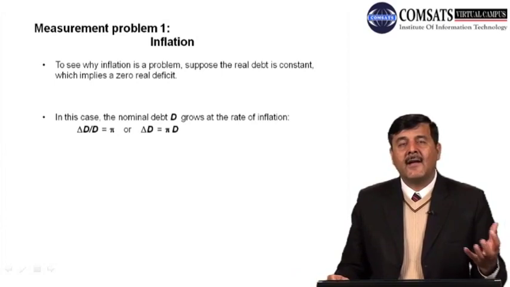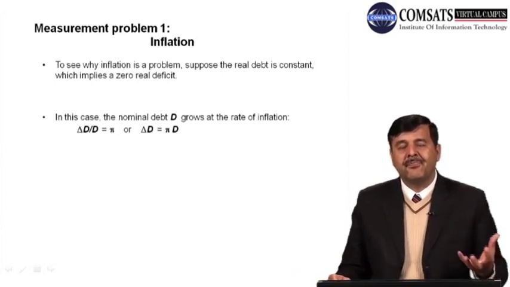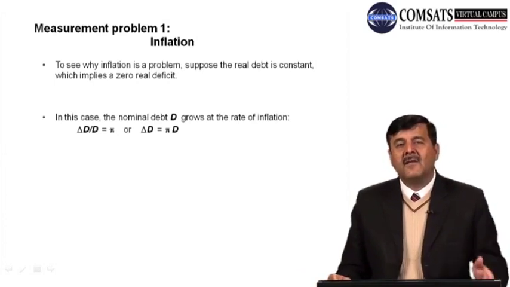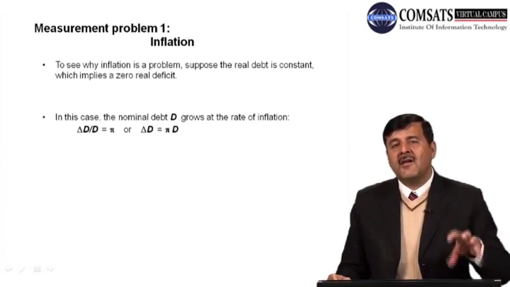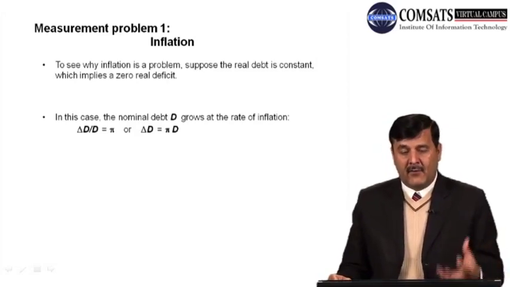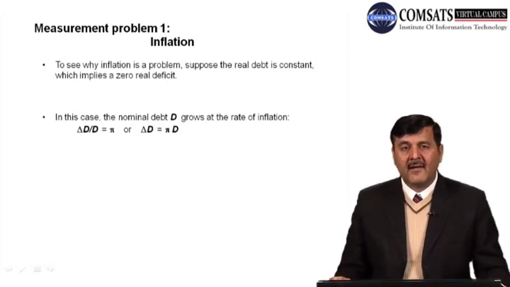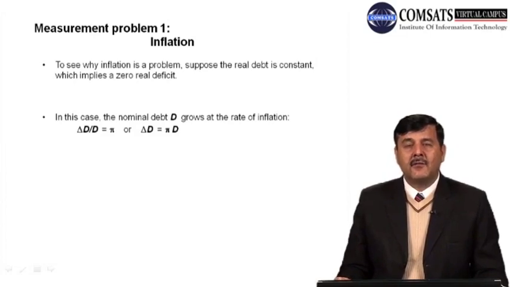So delta D over D is the growth or the change in the nominal debt, and that growth is equal to the rate of inflation in the country and the economy. Or we can rewrite this equation as change in debt is equal to inflation times debt.